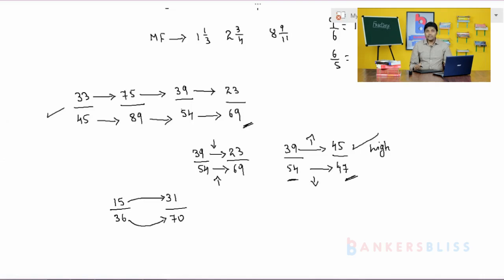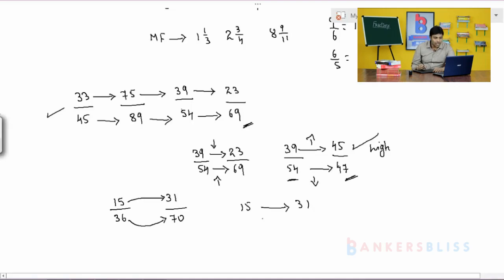See here, the best thing is you have to identify how many times the numerator is increased. See here, the numerator is 15 and next the numerator is 31. So how many times it is going? 15 into 2, 30 means twice, it is increasing twice.